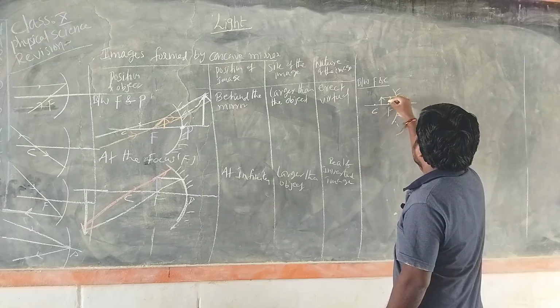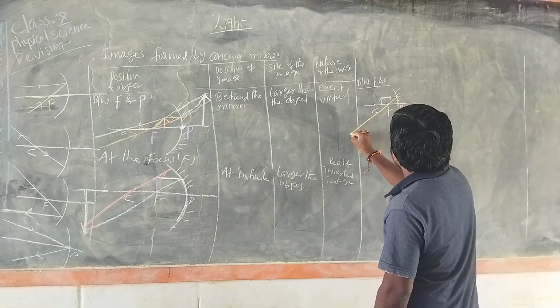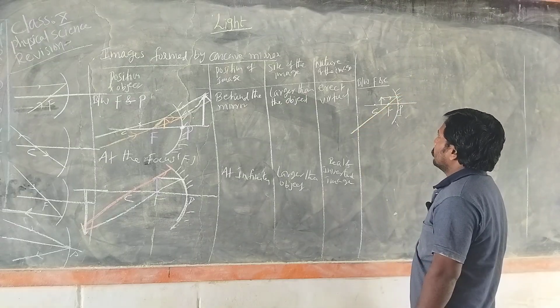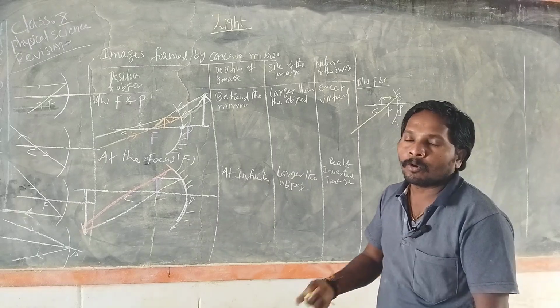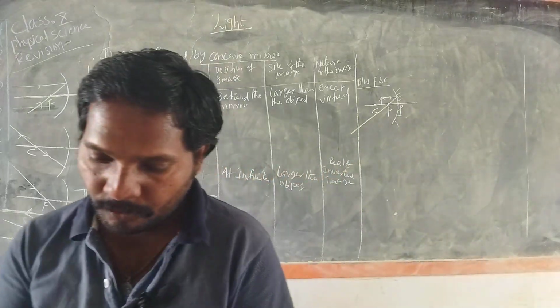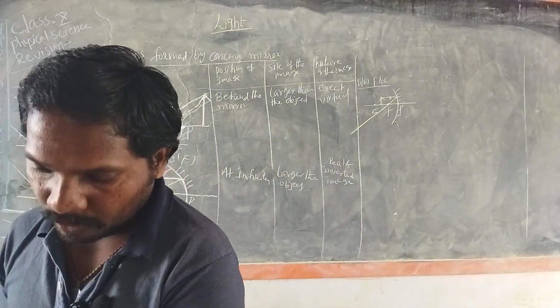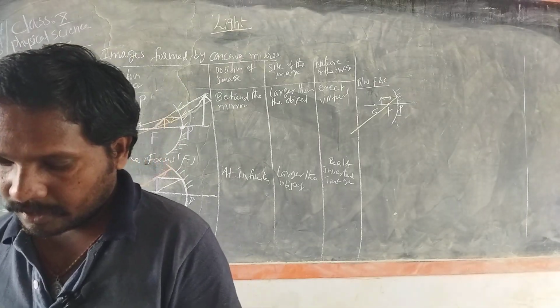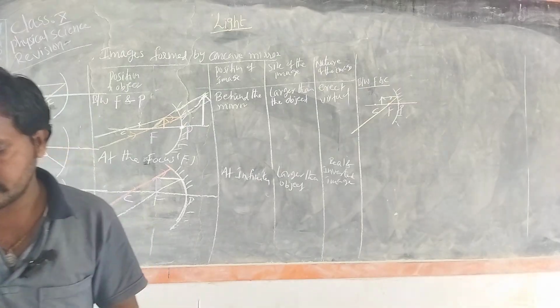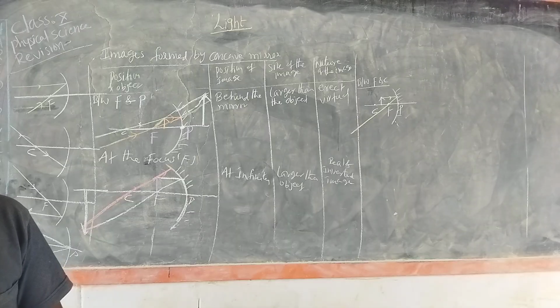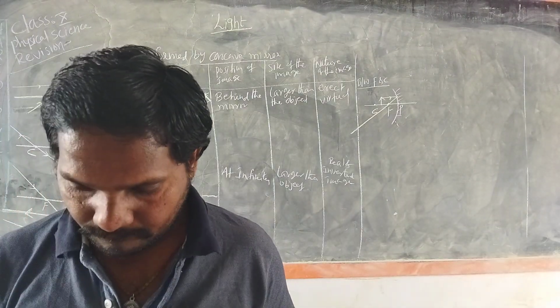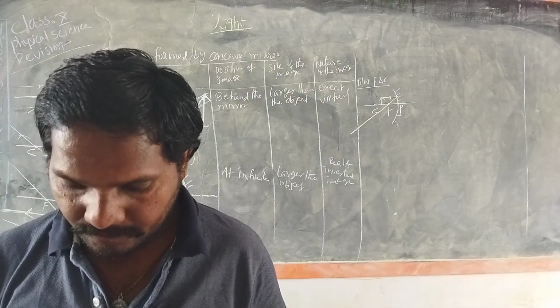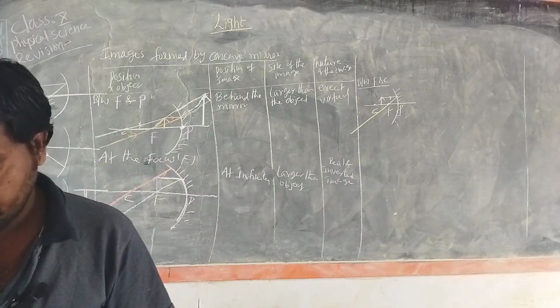Parallel to the principal axis, then through focus. Then one more light ray. Between focus and center of curvature we have to draw one more light ray.